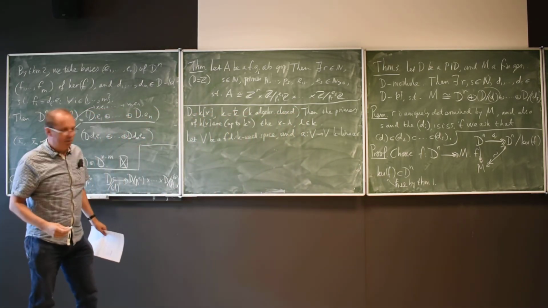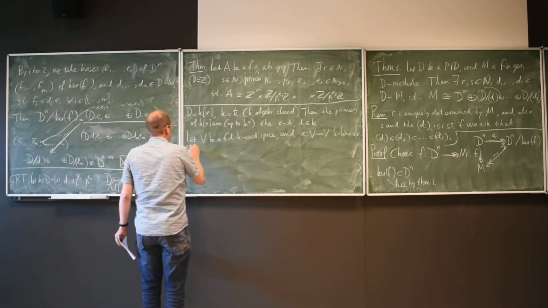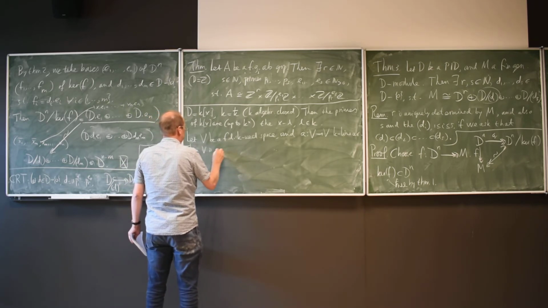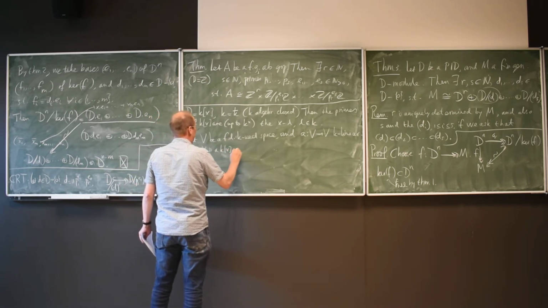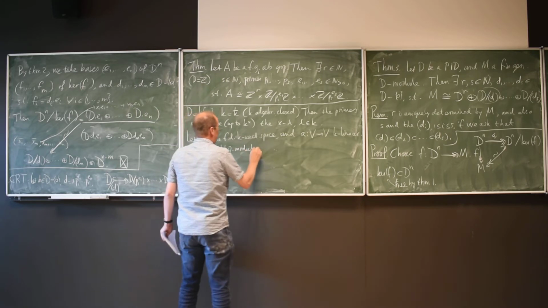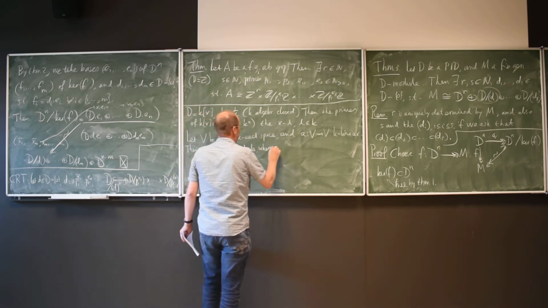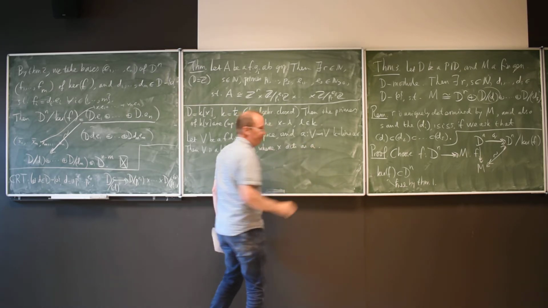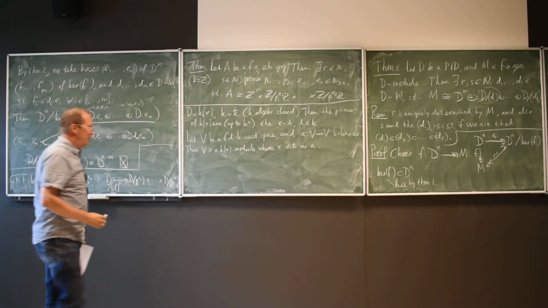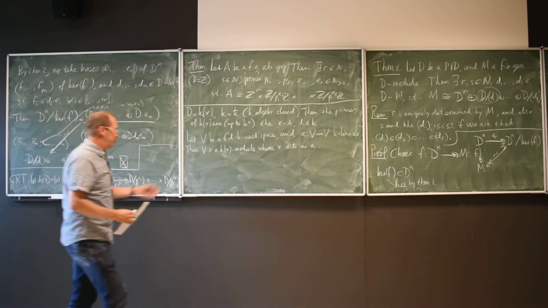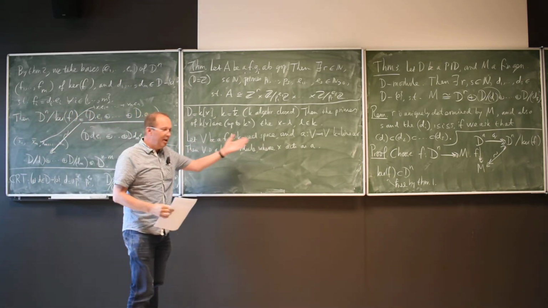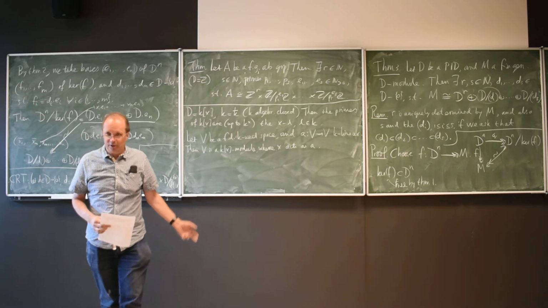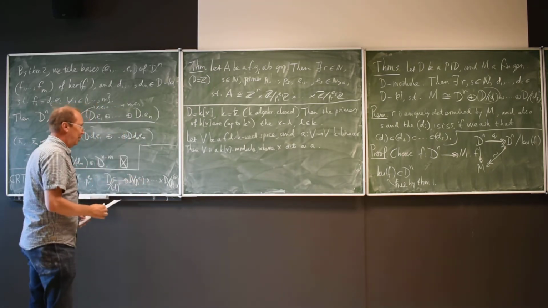Then we have seen that V is a K[x] module where x acts as A. And I would like to find a very nice basis for V such that A has a very nice matrix with respect to that basis. And how does that work?